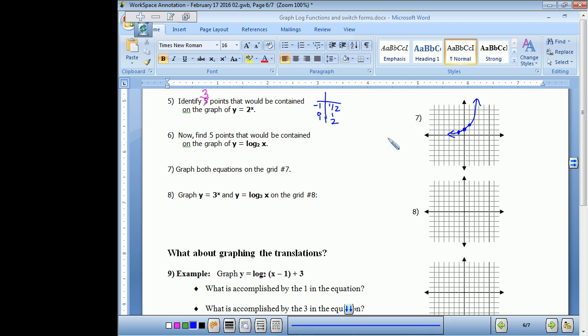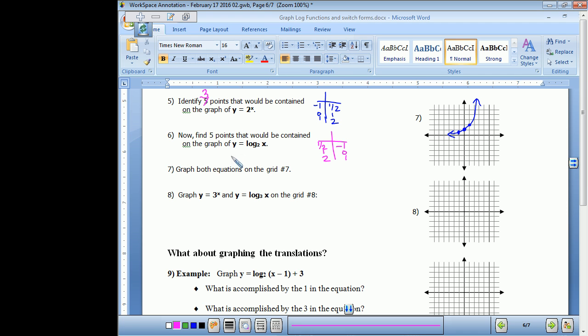Now, since we've already been talking about these being inverses of one another, we know with inverses it switches the x and y's. So what do you think it's going to do with this little chart? It's going to flip-flop it, isn't it? The x's are now the y's, and the y's are now the x's. But let's think about if we didn't have this to start with. What could we do to determine this?